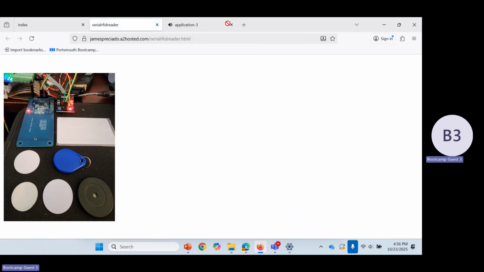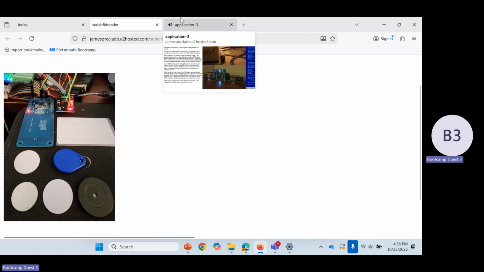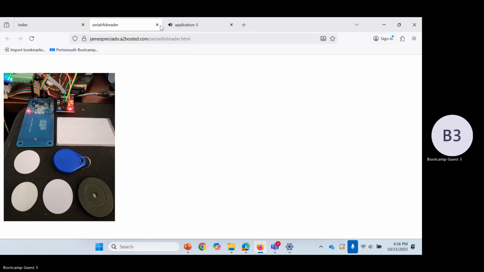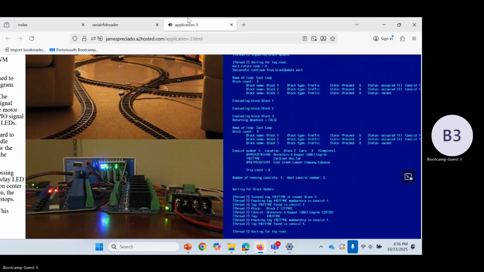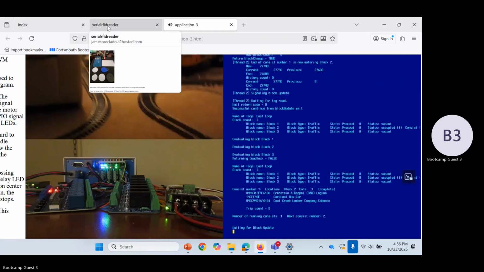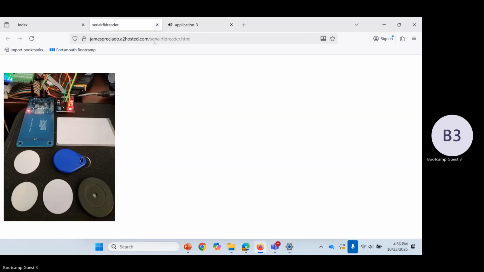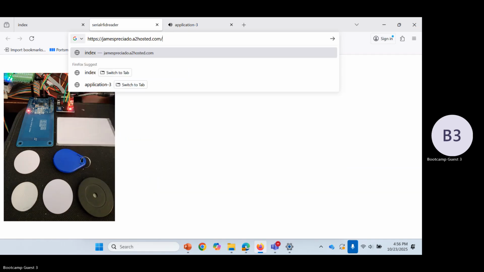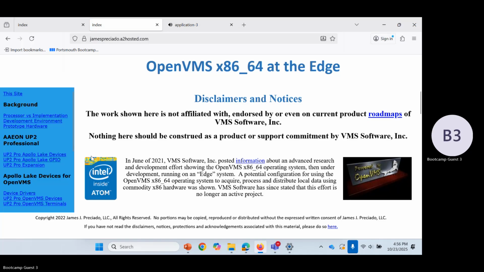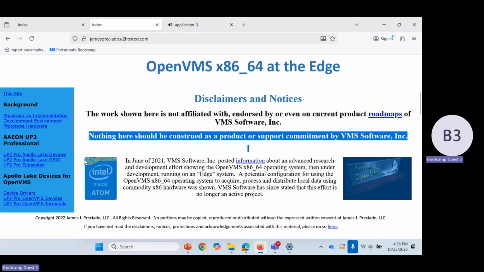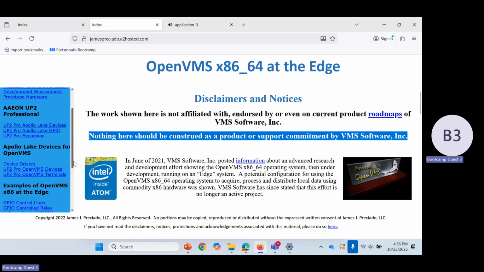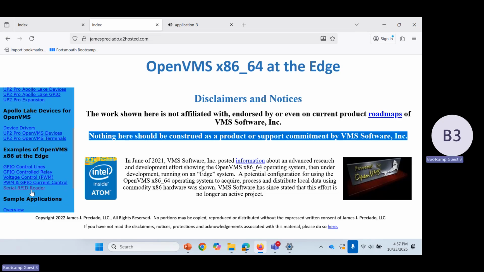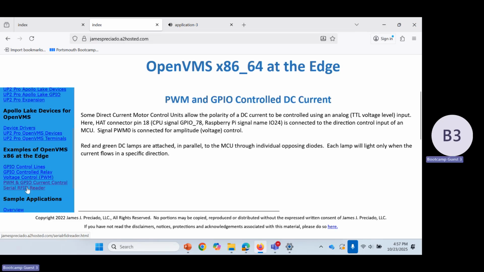You're going to make me do it this way, aren't you? Get out of the way. Disclaimer, this was looking for a much larger display. Serial RFID.